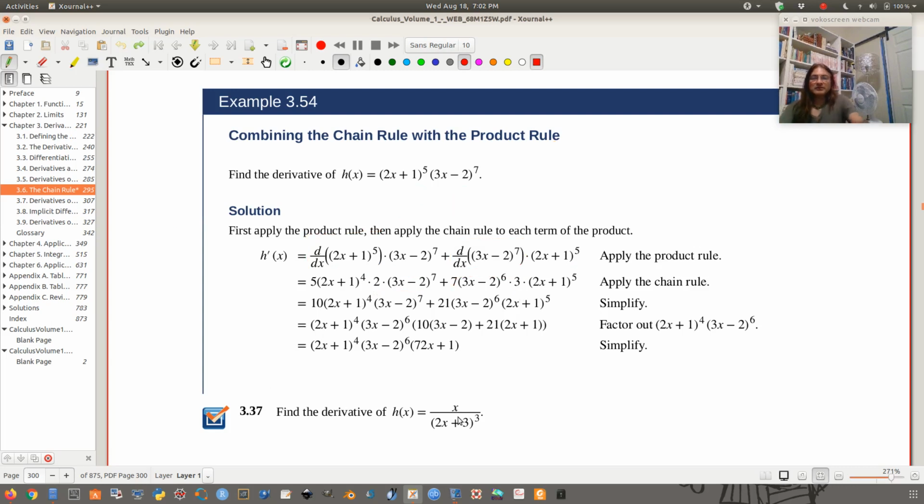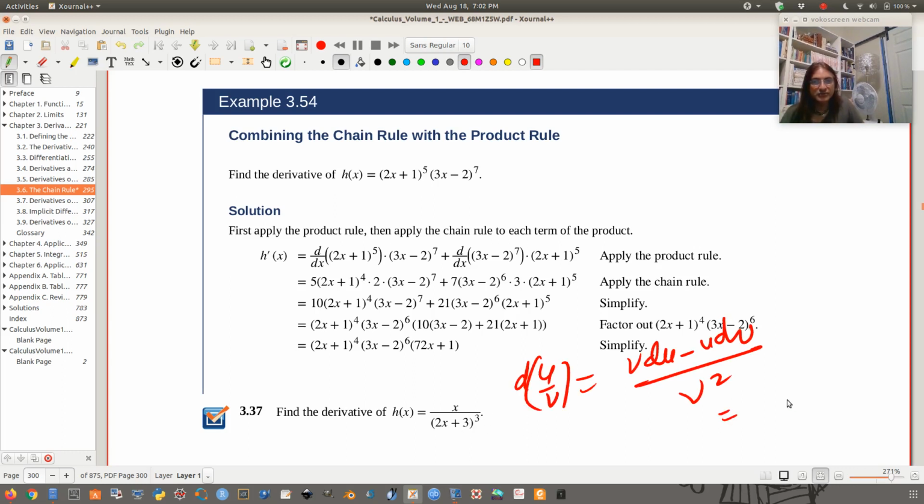Now this one, very similar, is just u over v. So the derivative of u over v, as you remember, is v du minus u dv over v squared. So our v squared becomes (2x plus 3) to the power 6. And then v, which is (2x plus 3) cubed, times the derivative of x, which is just 1, minus x times the derivative of this.